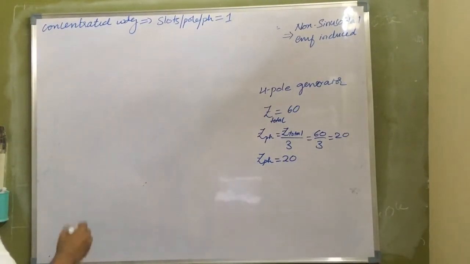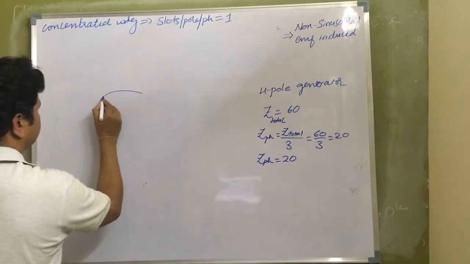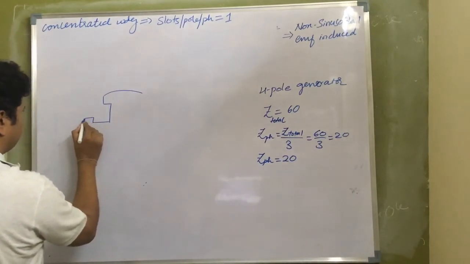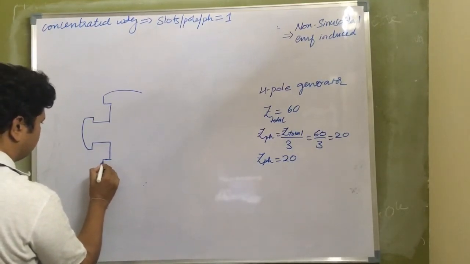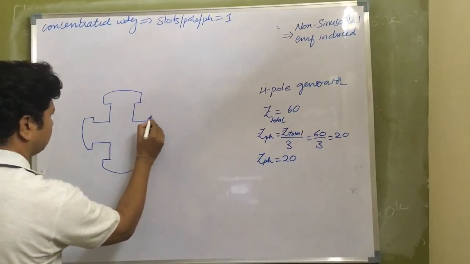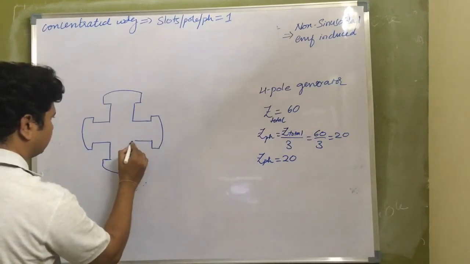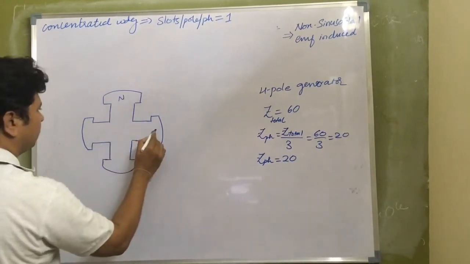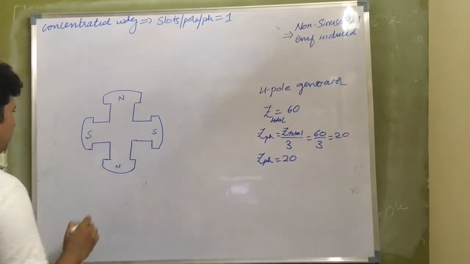Okay. So now I have a 4-pole machine. N, S, N, S. It is true with a cylindrical rotor also.